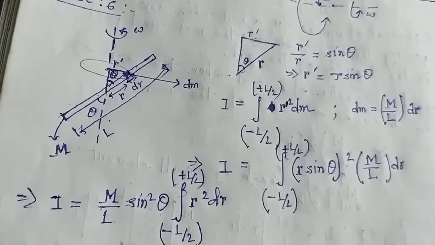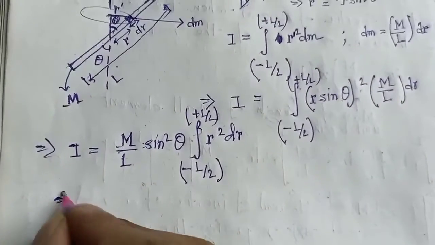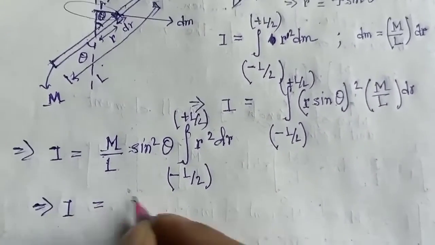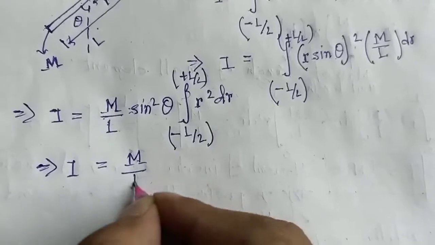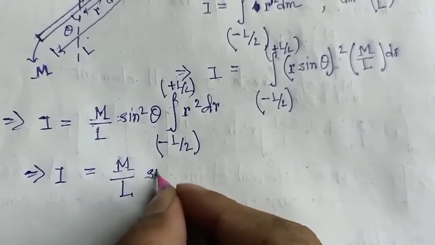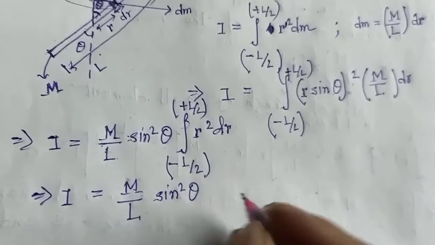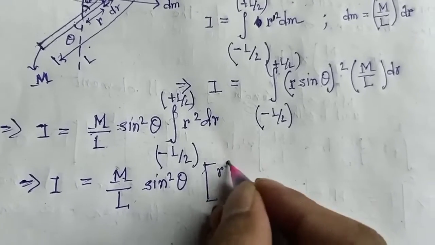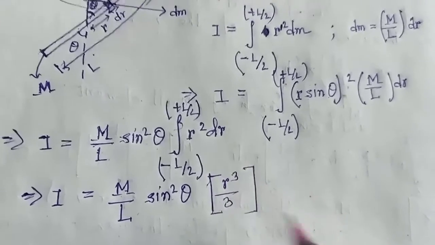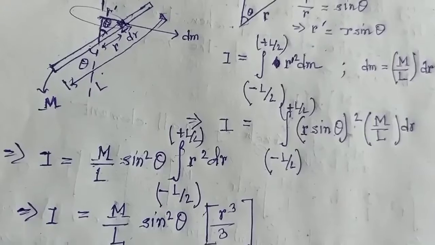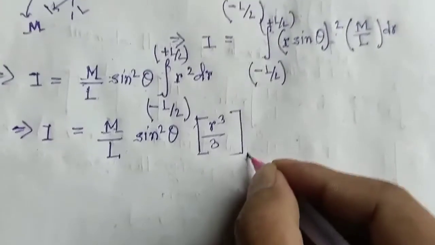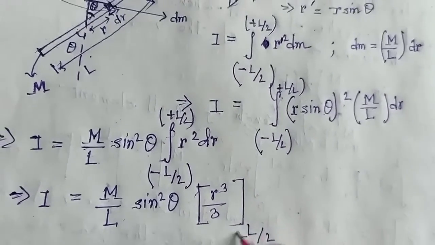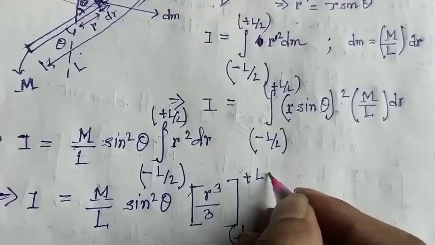So I becomes m divided by L sine square theta, and the integration of r square dr is r cube divided by 3, with lower limit minus L by 2 and upper limit plus L by 2.